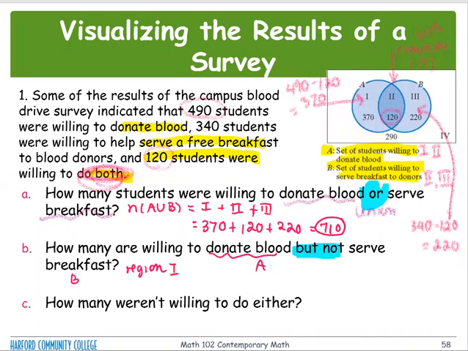And in region 1, there are 370 students.